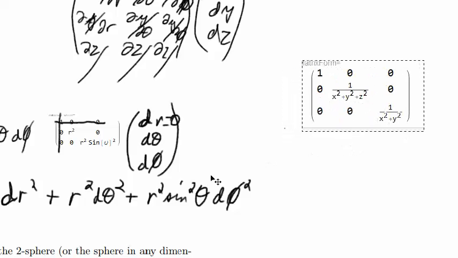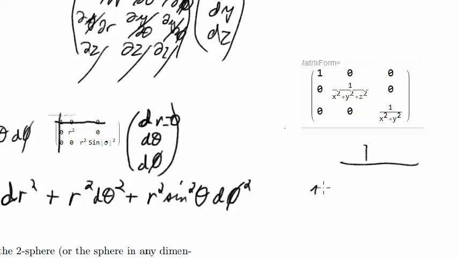two forms. We got r squared here. We've got 1 over r squared here. Got r squared sine squared theta here. Got 1 over x squared plus y squared here, which is 1 over x cos theta sine phi squared plus x sine theta sine phi, sorry, this is phi, I keep doing that, phi squared.